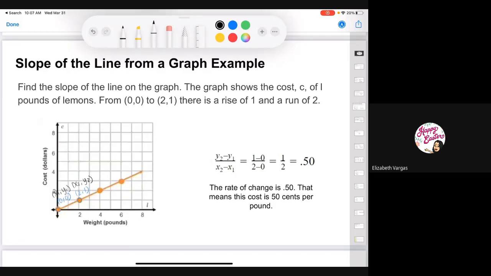What you get is 1 minus 0 is 1, 2 minus 0 is 2. You divide 1 by 2, you get 0.50. So this says the rate of change is 0.50, which means that the cost is 50 cents per pound. Here we're looking at how many pounds of lemons you have affects the cost.